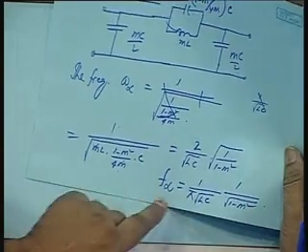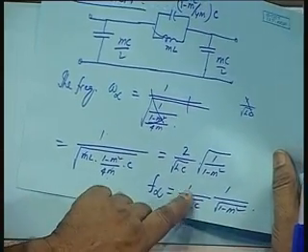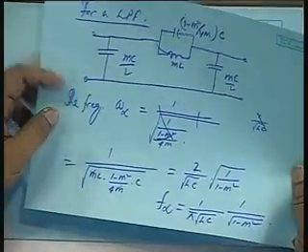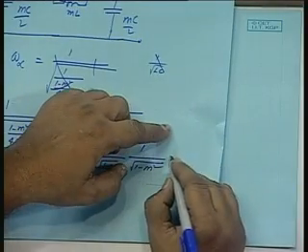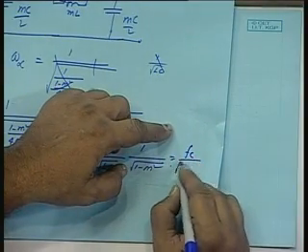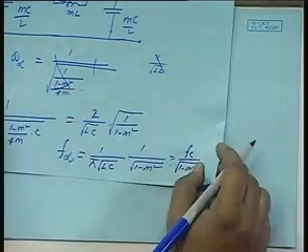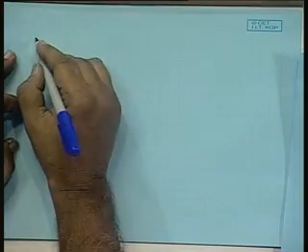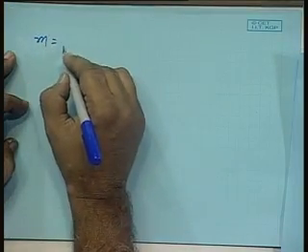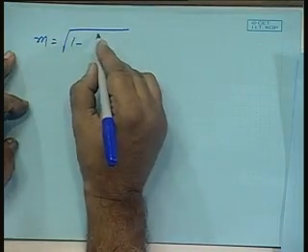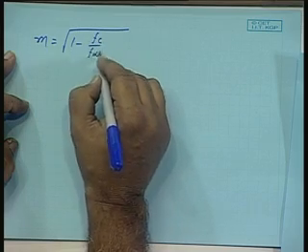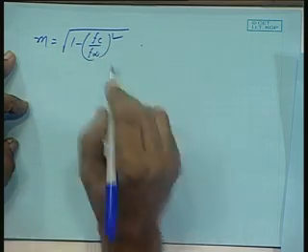So, from here this gives me f infinity, f c also. So, this is f c by root over of 1 minus m square. So, m will be root of 1 minus f c by f infinity squared.